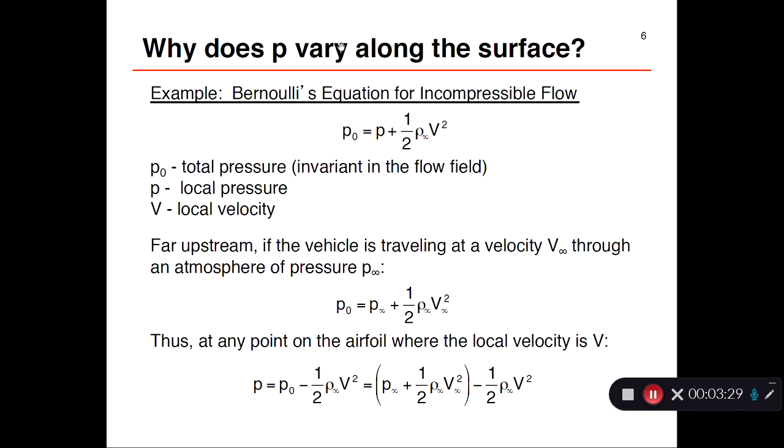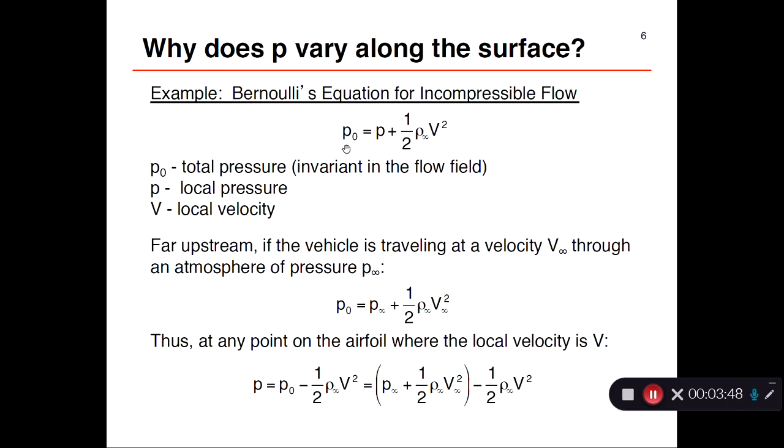So why does P vary along the surface? In incompressible flow, Bernoulli equation says when the pressure energy goes up, the kinetic energy goes down, and vice versa. So pressure and velocity are changing. When the velocity changes, pressure changes, and vice versa.